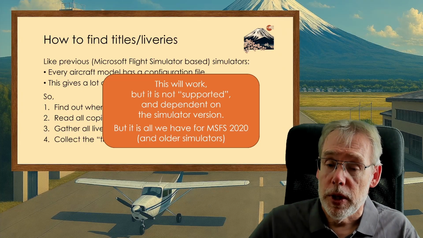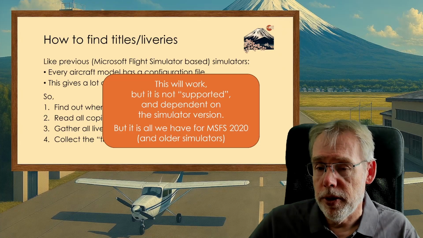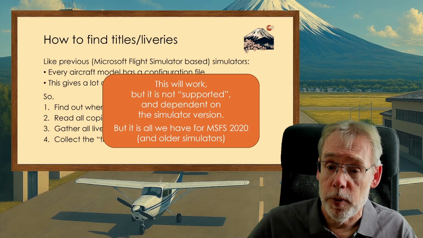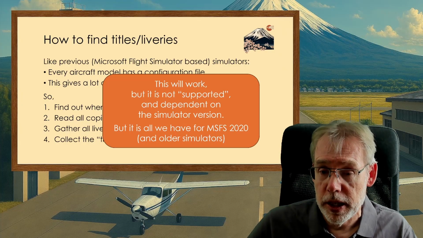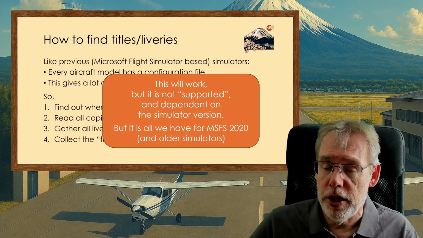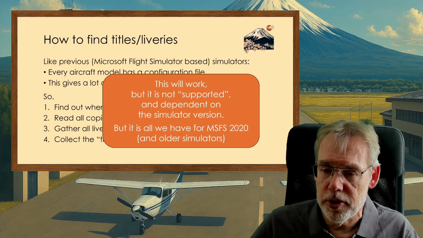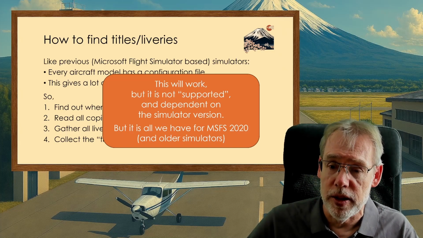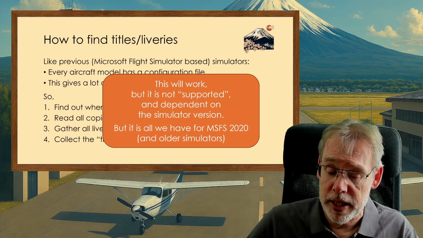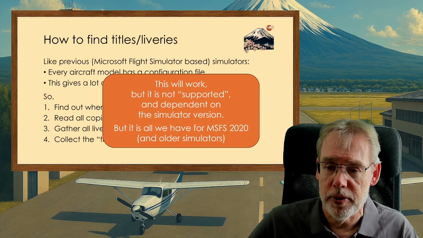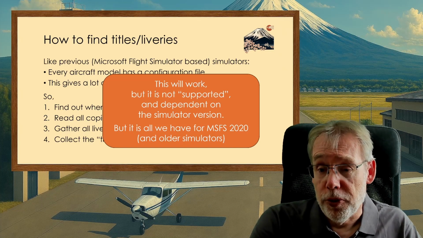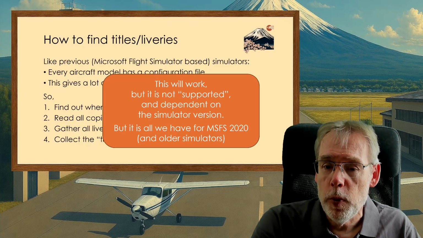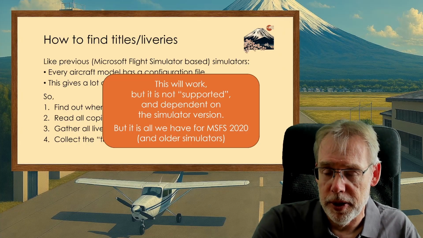For example, some of the aircraft made by third-party add-on providers that come together with Microsoft Flight Simulator have no information about the aircraft type in ICAO code, even though there is a standard designator, a standard field for that in the aircraft CFG. But for Microsoft Flight Simulator 2020 and before, this is the only way we can find out this kind of information.